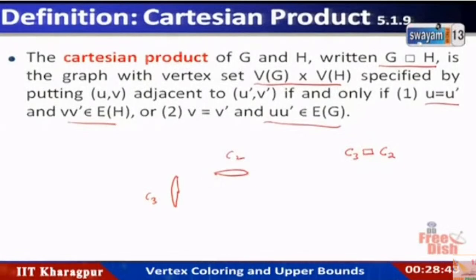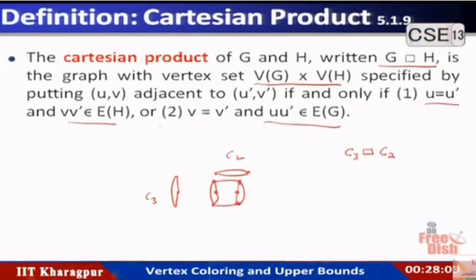So this particular vertex, if we take a Cartesian product, what will happen? Let us see. These two vertices will join and they will basically form this one, and then again another pair of vertices, and this is also joined.